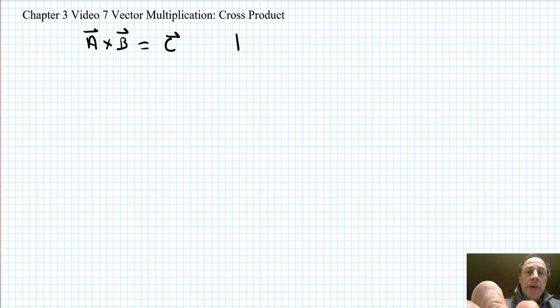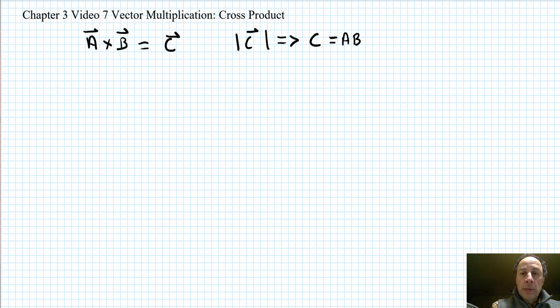The magnitude of that vector, which we're going to call just plain C, is the product of the magnitudes of the two vectors A and B times the sine of the angle in between. Remember, dot product was cosine. Okay? That's the magnitude.